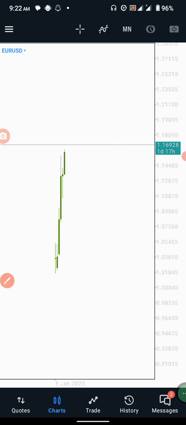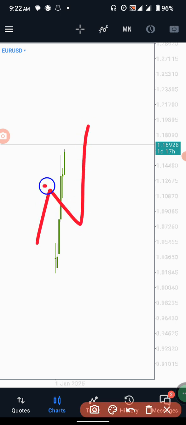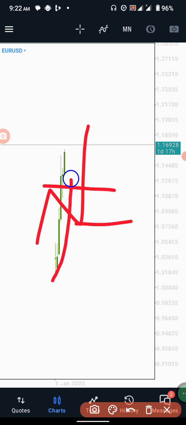Let us dive in. According to this monthly, we don't see that area of liquidity. So which time frame will give us that area of liquidity in line with this monthly uptrend?